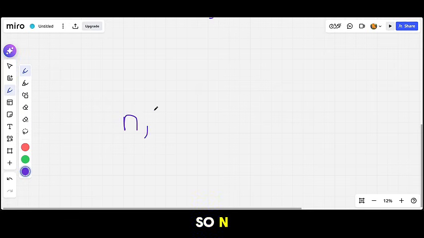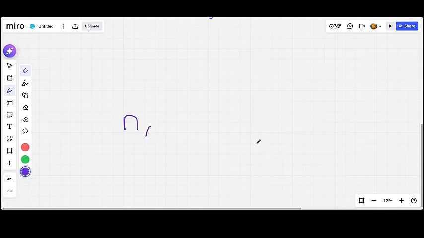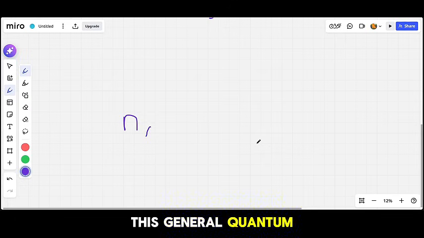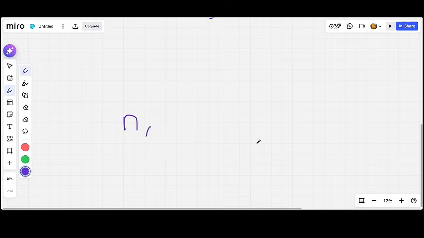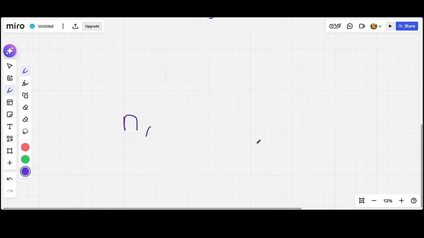So n in this context basically just denotes the general quantum number. So what does this general quantum number denote?